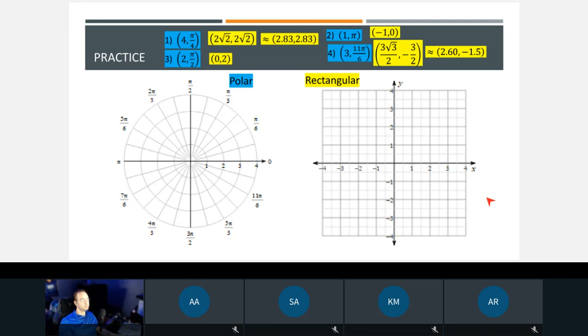This is going to be on your quiz and test, so it's not like you're doing it for nothing. Okay, so let me scroll back up. All right. Antonio, number 1 polar. Caitlin, number 2 polar. Sarah, number 3 polar. And Chloe, number 4 polar. All right, now for the rectangular points. I'll take volunteers for those.